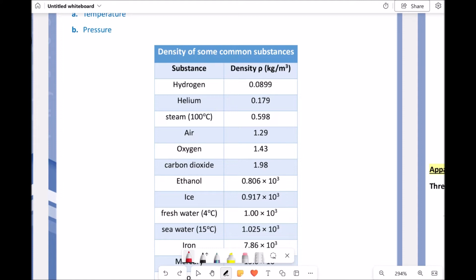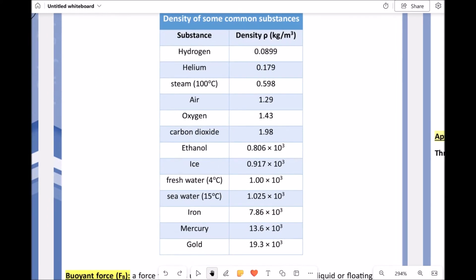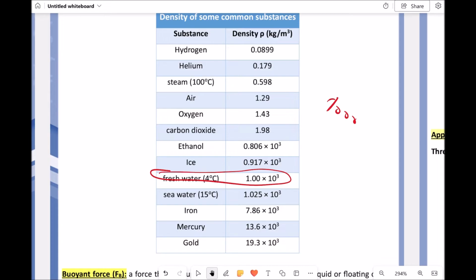Now, guys, you have a table here. These are the densities of some of the common substances. You have hydrogen, helium, steam, air. You don't have to memorize any of them, but I think you should memorize this one, fresh water, which is equal to 1 times 10 to the power of 3, or 1,000 kilogram per meter cubed.